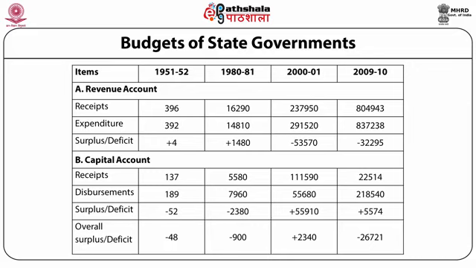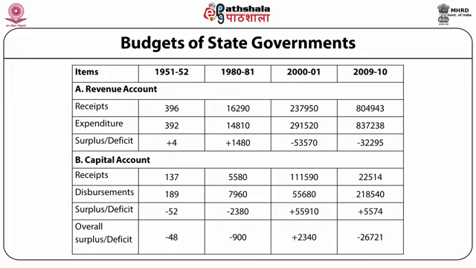Revenue receipts have increased from 396 crores in 1951-52 to 8,04,943 crores in 2009-2010. And expenditure has increased manifold, which has resulted in a revenue deficit in 2009-2010 to the tune of 32,295 crores, whereas in 1951-52 the revenue account was in surplus to the tune of 4 crores.